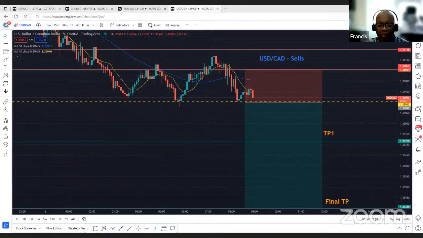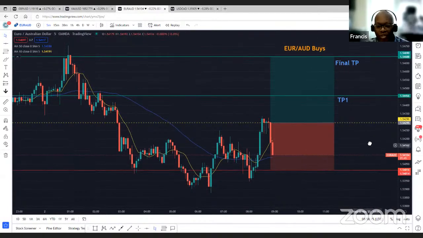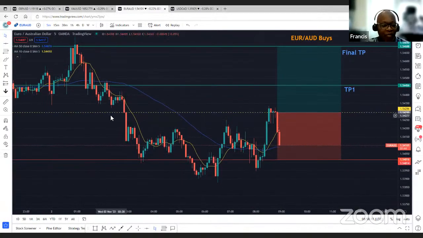The way the Euro Aussie has pushed down, it's almost as though there's some news somewhere, but I don't think there is.